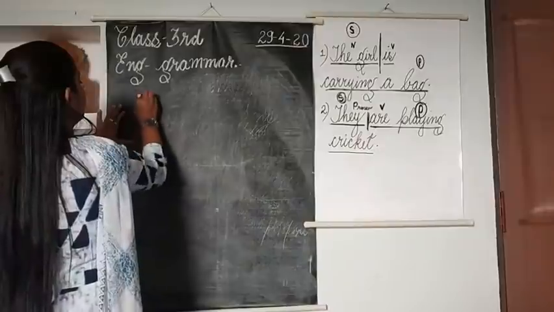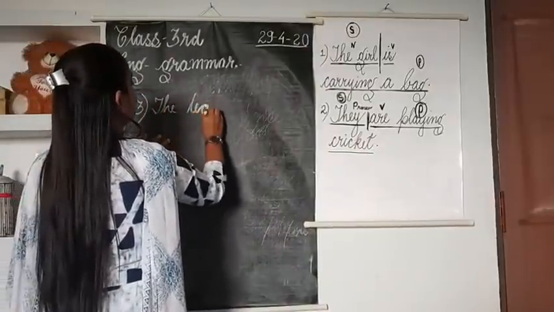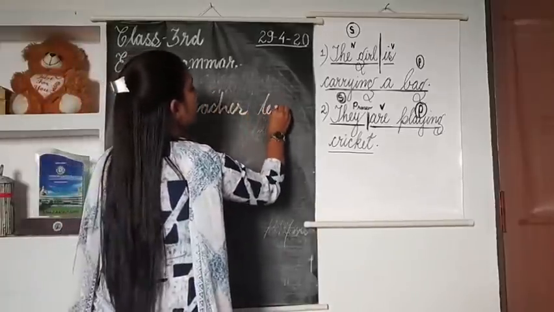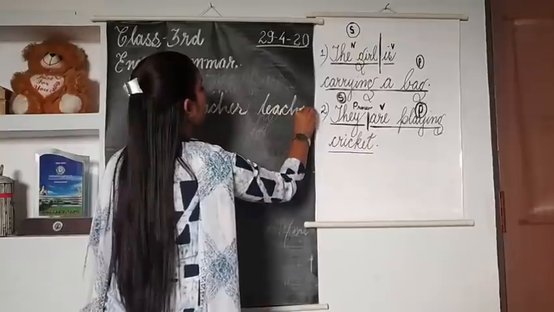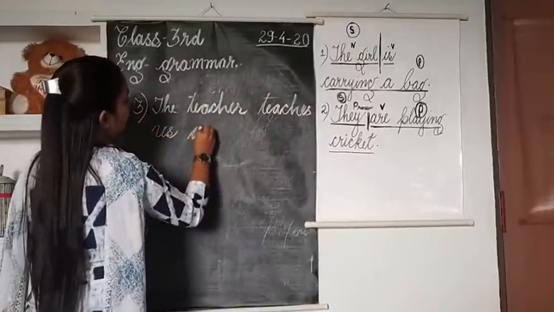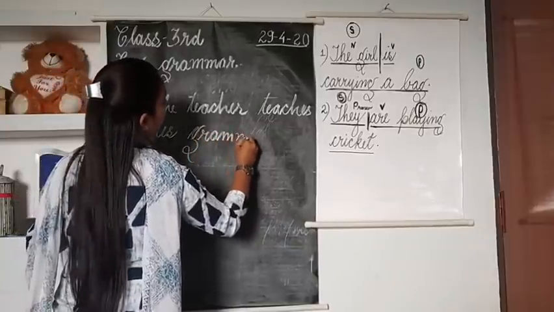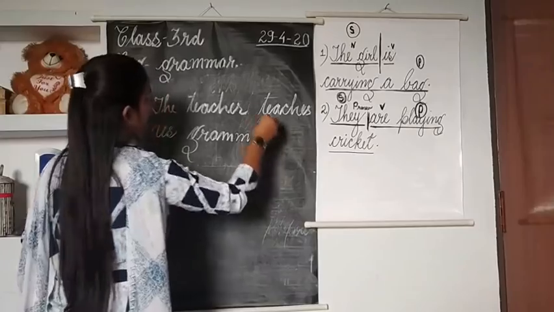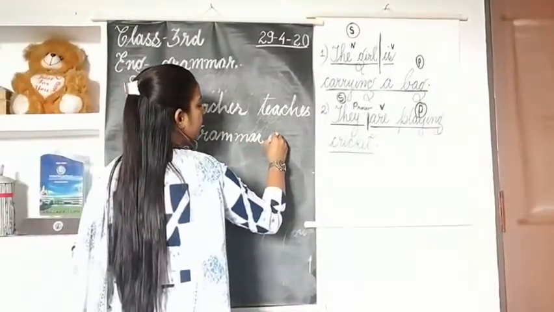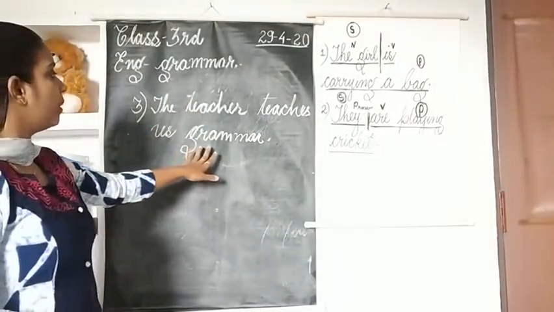Number 3. The teacher teaches us grammar. Now see, children, here in this sentence, first of all, what is the sentence describing?